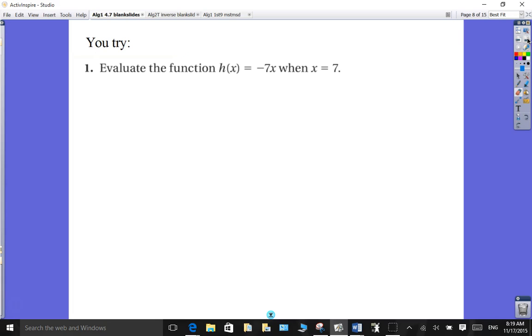What'd you get? h of 7 equals negative 7 times 7, which is negative 49.